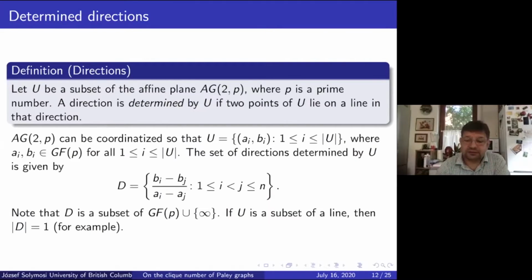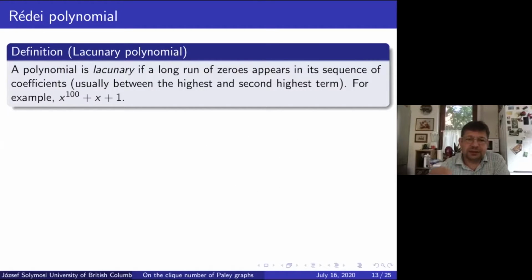So you have all possible values, and you also have the infinity, when a_i equals a_j. And this set of directions, for example, is 1 if all of the points are on a line. But if the points are not all on a line, then we expect that the number of directions is much more. In order to handle this problem, there is a beautiful tool.